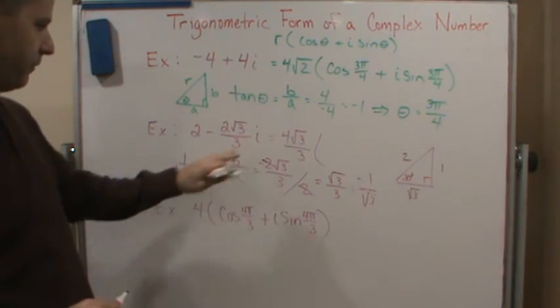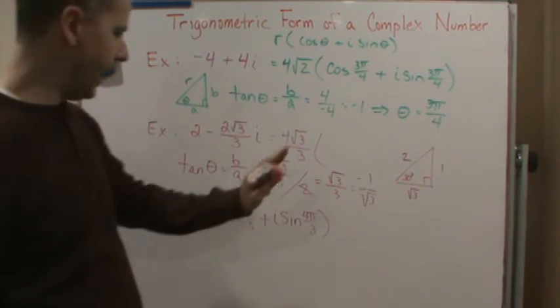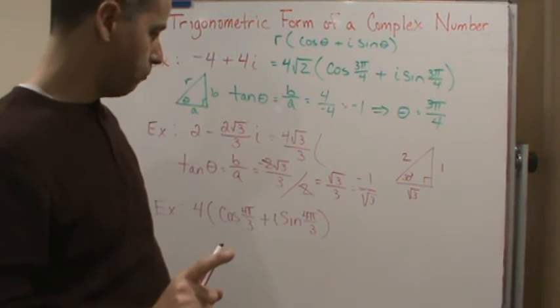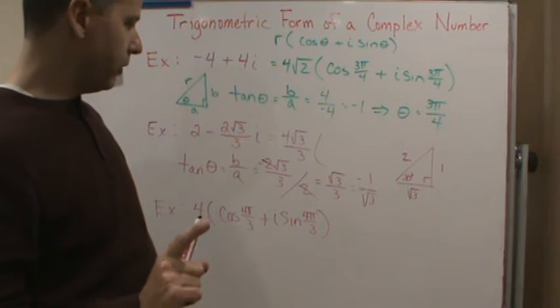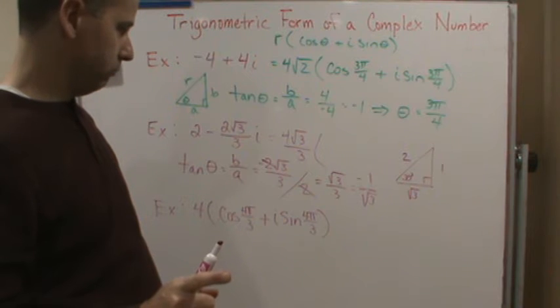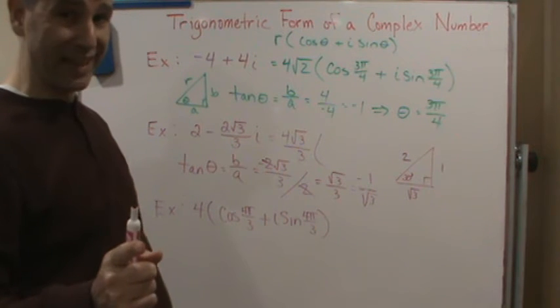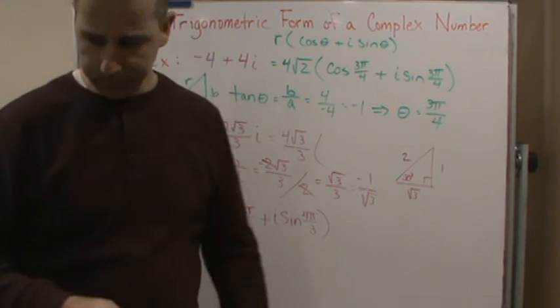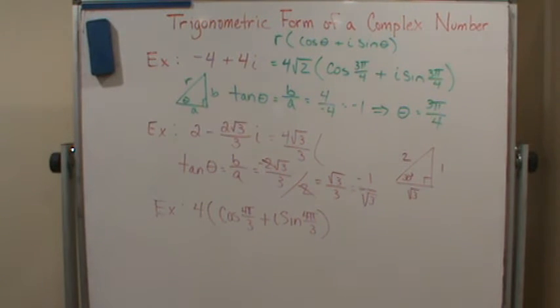We can see that it's in the fourth quadrant. And so now, this is pi over 6, but it's in the fourth quadrant. Okay? So negative pi over 6. Well, we don't want to use negative angles. Okay? So what would we use?